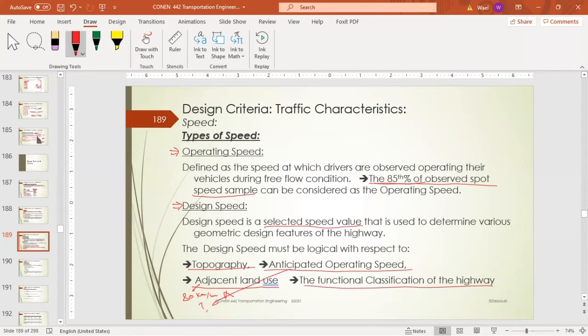Also, it's a freeway or a highway, so regarding functional classification, this is not anticipated. Unless we are talking about topography, for example, a mountainous road where you reduce the speed in a certain segment to 80 kilometers per hour due to topography, that's expected. But that's what I'm saying: selecting the design speed must be logical with respect to topography, anticipated operating speed, adjacent land use, and functional classification of the highway.